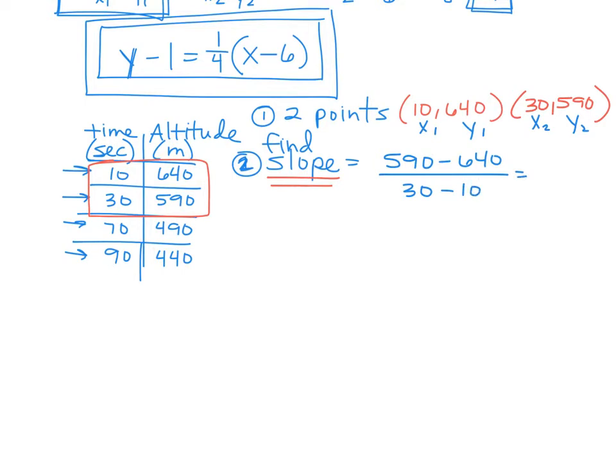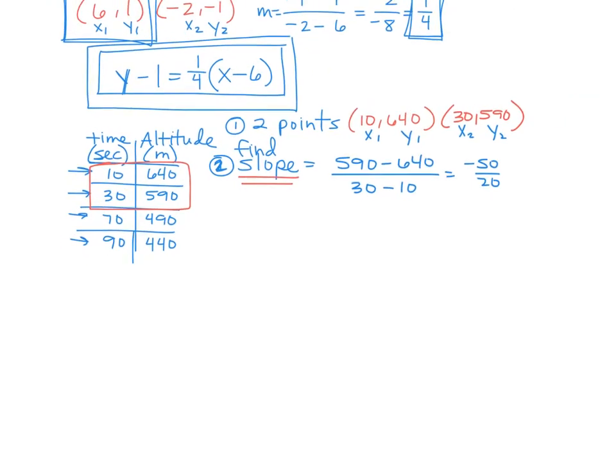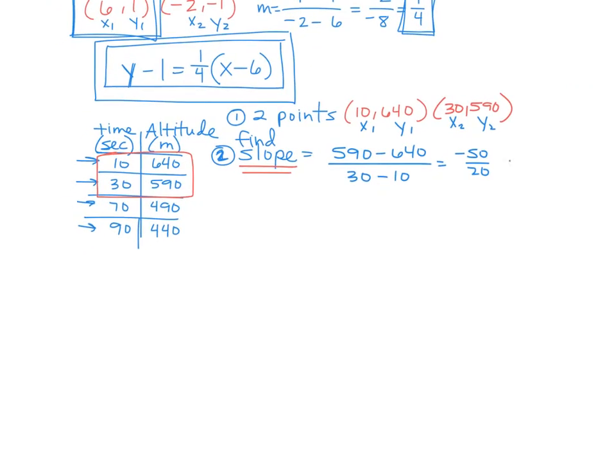When you simplify that, you get a negative 50 and a positive 20. In a real world problem like this, we typically just turn it into a number. So negative 50 divided by 20 is negative 2.5. As a slope, that's negative 2.5 over 1.